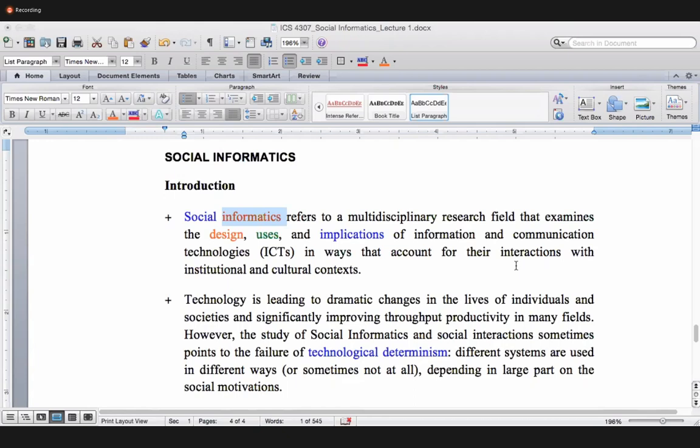And therefore, most important is the last two things. So we want to see the interaction in an institutional or a cultural context. And I want to explain this, and from this, I hope as we move on, every one of us will get to understand where systems fail.